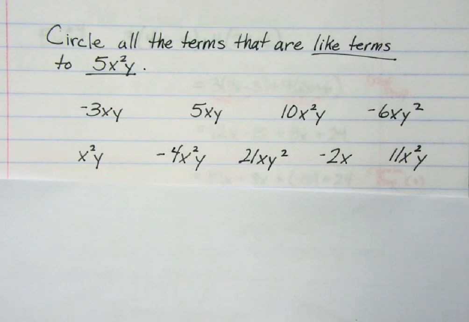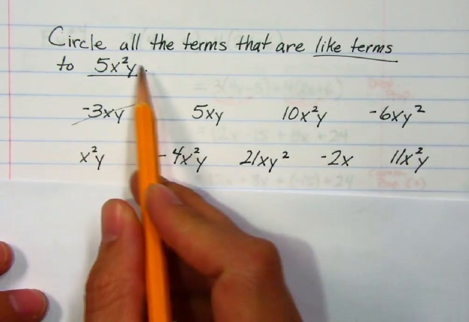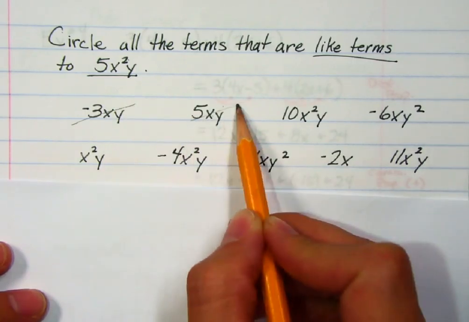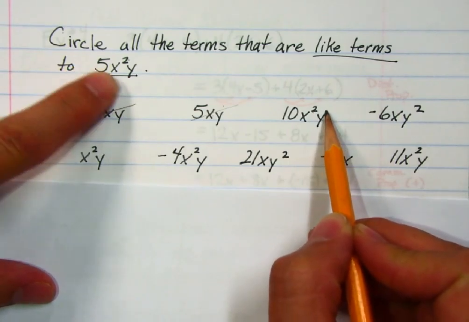All right, so here I wrote down 8 or 9 different terms. I kind of just separated them all over the place. I want to know which ones are like 5x squared y. So take a moment to do that. All right, let's take a look. The first one, no, because it's not squared. Next one, not squared, not that one. Here, x squared, yes. y to the first, yes.